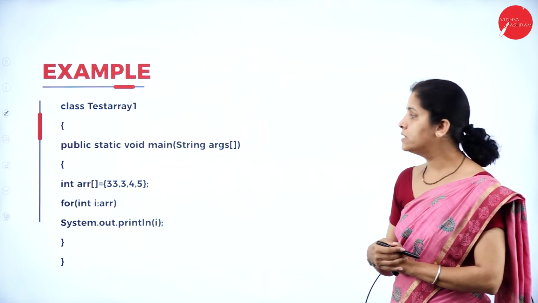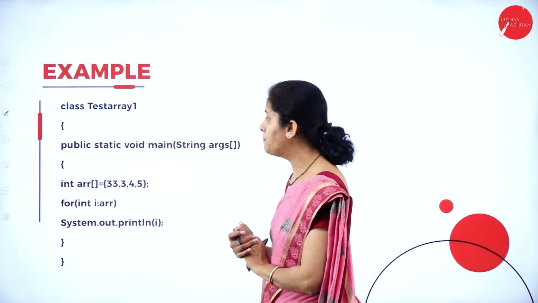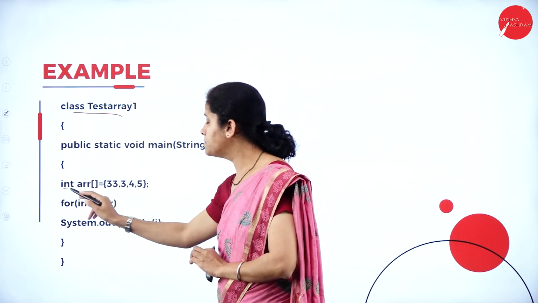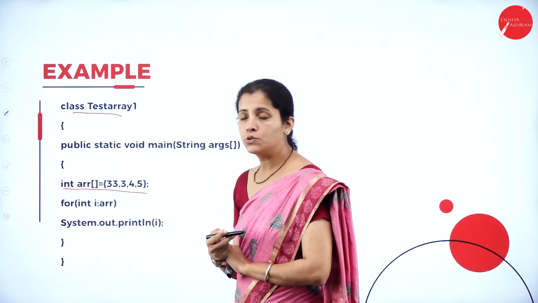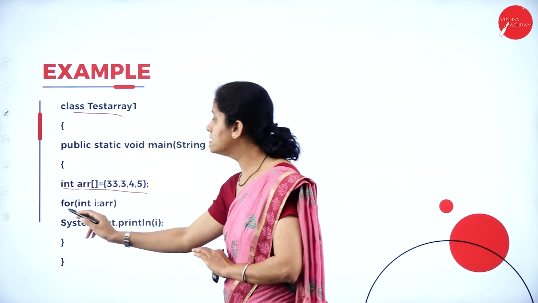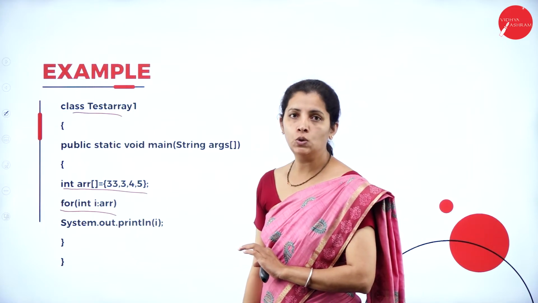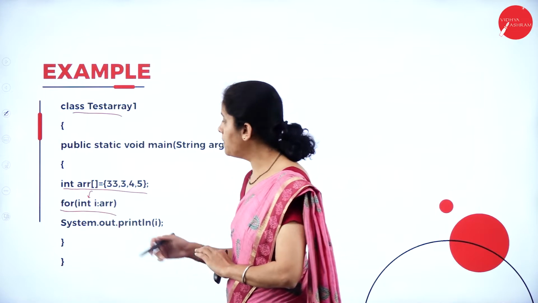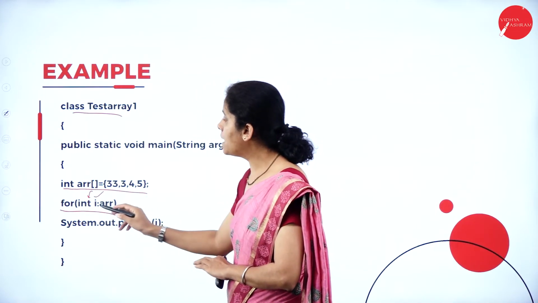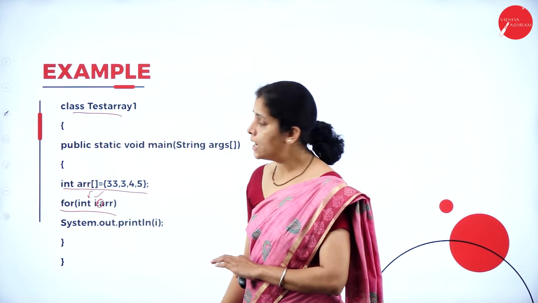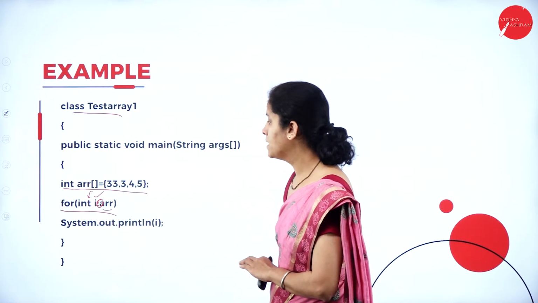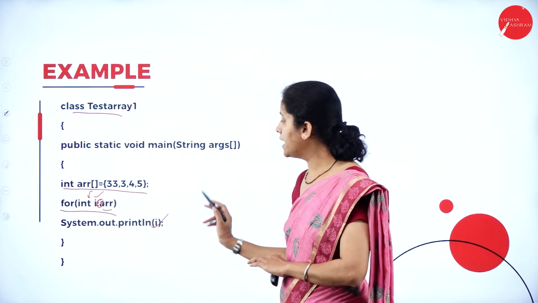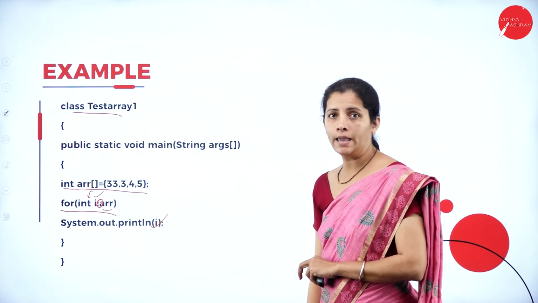Now, dear student, I have this simple example here. See, this is my class name. This is my array declaration as well as initialization, and see here I have the for each loop. Now for, this is my data type and this is my variable name, and I'm going to use the colon and specify the array name, and I'm going to print the elements one by one with the help of variable i.